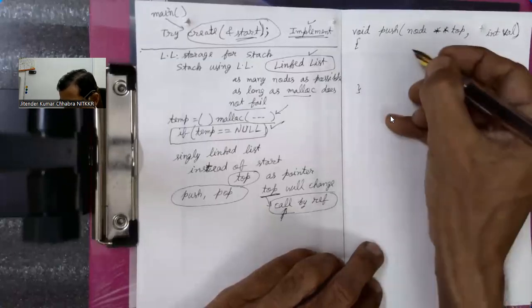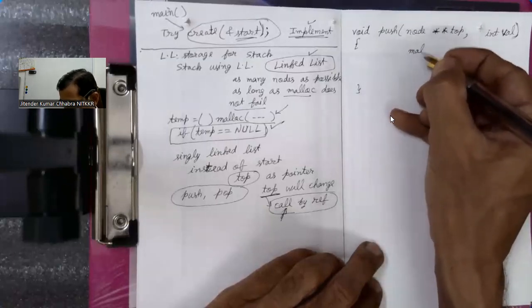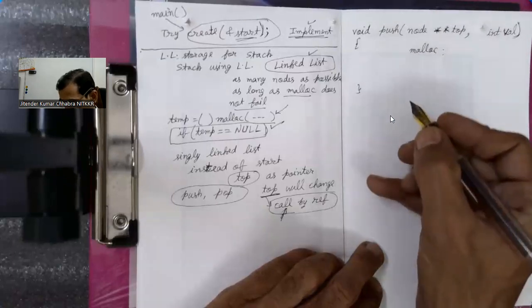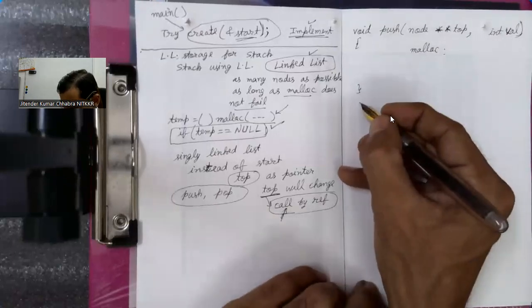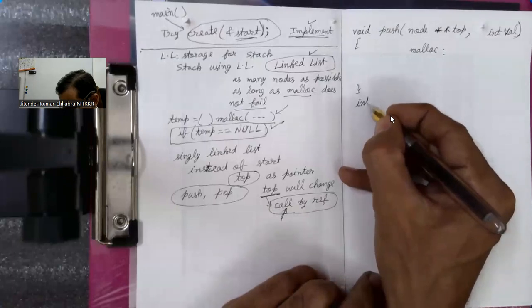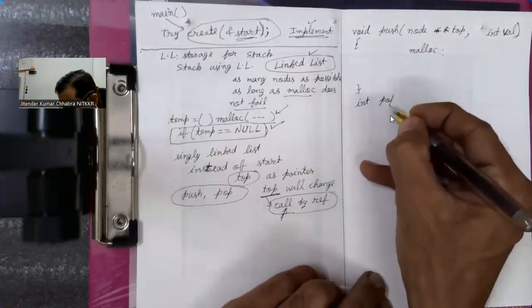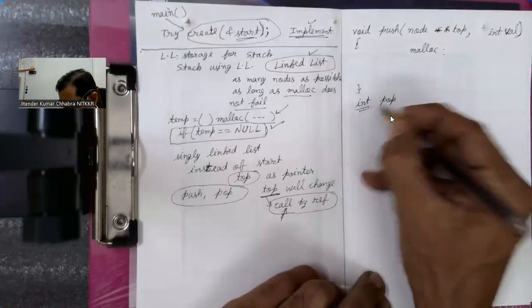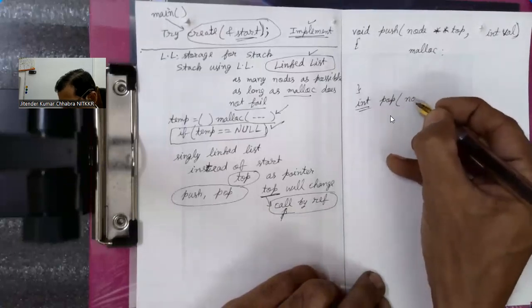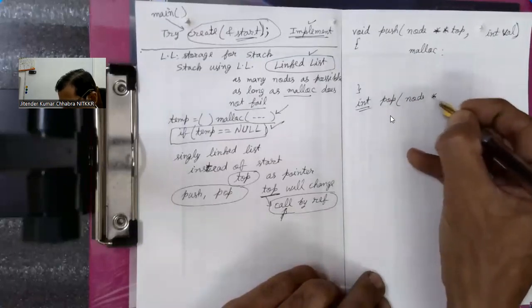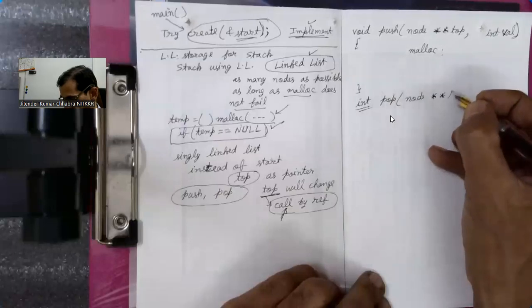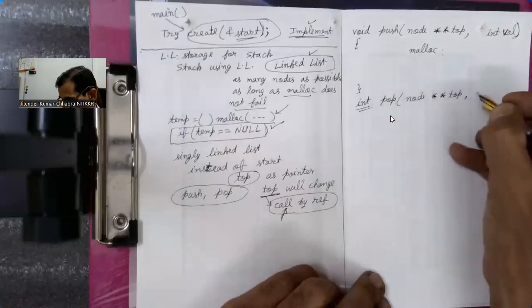Of course, in this, malloc and whatever new data is needed, etc., and linking have to be ensured. Similarly, for the pop, I use int pop so that the popped value is returned via int, but the top change is adjusted via call by reference. Nothing else will be needed.